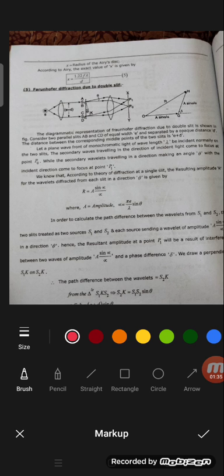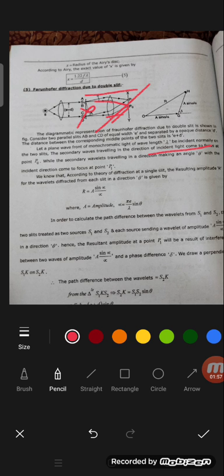Primary wavelets and secondary wavelets are produced. The secondary wavelets which are in the direction of the incident light come to focus at P naught, and the secondary wavelets traveling in a direction making an angle theta will be incident at point P1.